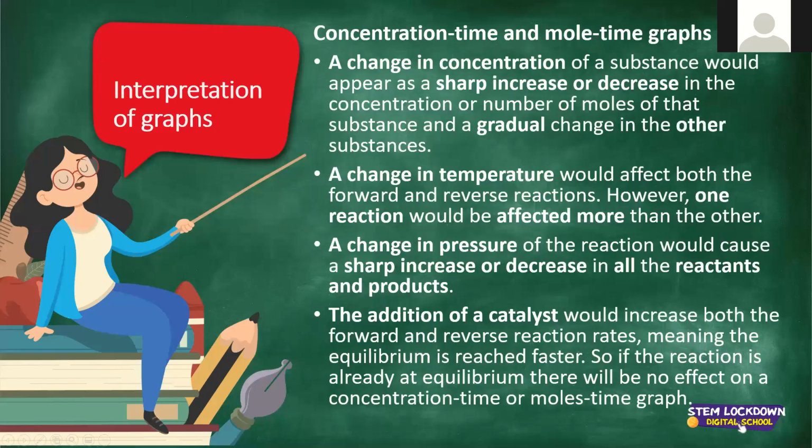So what these graphs should have shown you is the following. Concentration-time and mole-time graphs show you that if there is a change in concentration of a substance, it would appear as a sharp increase or decrease. Like with the one where we had the hydrogen iodide that was taken out, there was that sharp line, but it was only for one of the reactants or one of the products. And then there will be a gradual change after that.